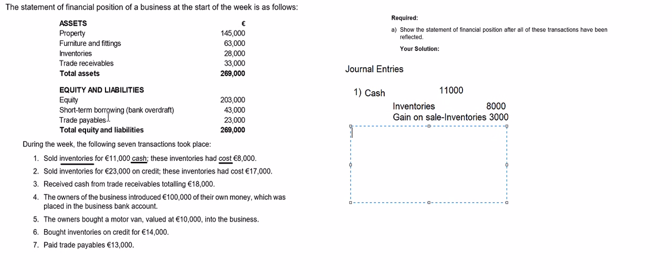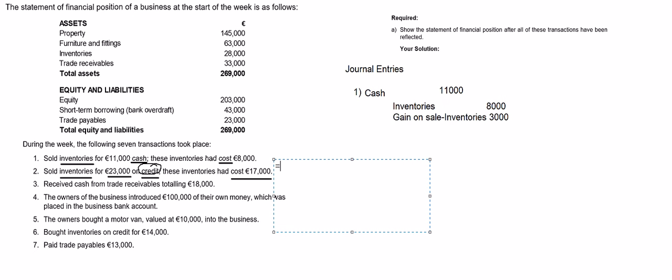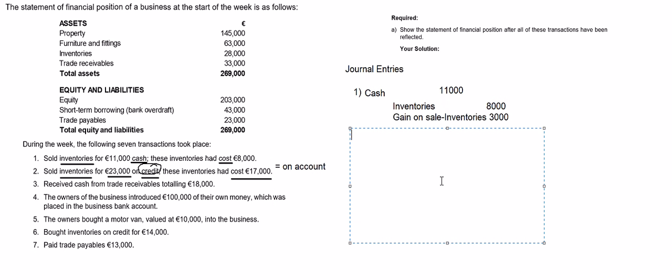Next, the second one: we sold inventories for 23,000 on credit. The cost is about 7,000. So we know that this is on credit, which is similar to on account. So for number 2, we will use accounts receivable.